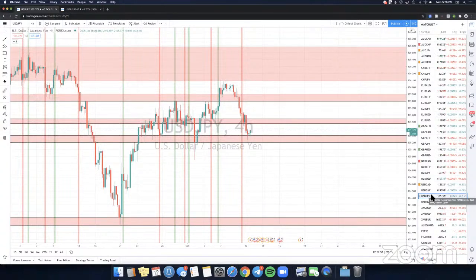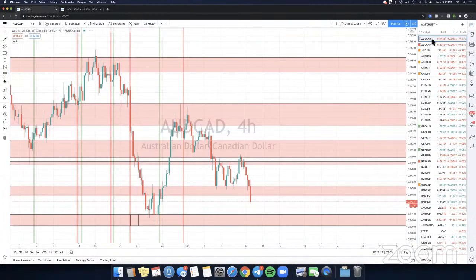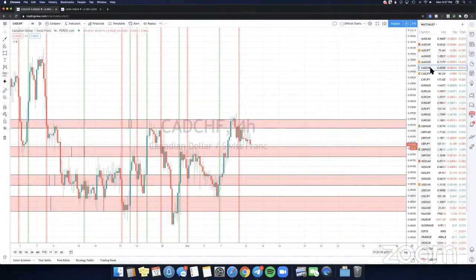So it makes it a little hard, because if they were all going the same direction, then yeah, I'd be set on taking this trade. However, if they're kind of iffy, like they are, then it might not be 100%. So what I'm going to do now is check all the CAD pairs and make sure that the CAD is actually weak. Right here for AUD/CAD, the CAD's actually strong. The CAD is weak here.